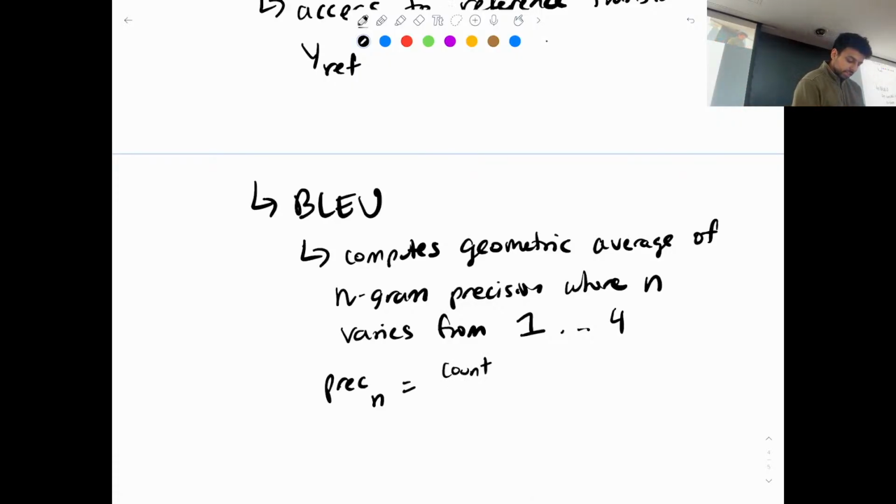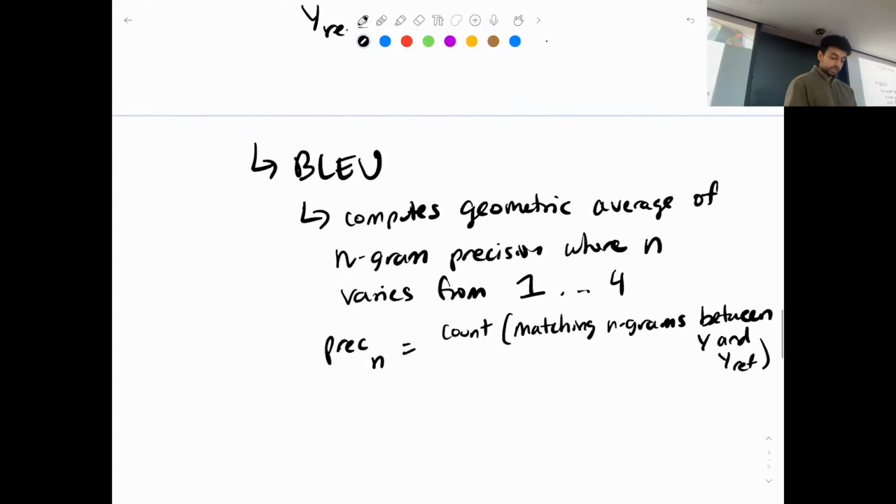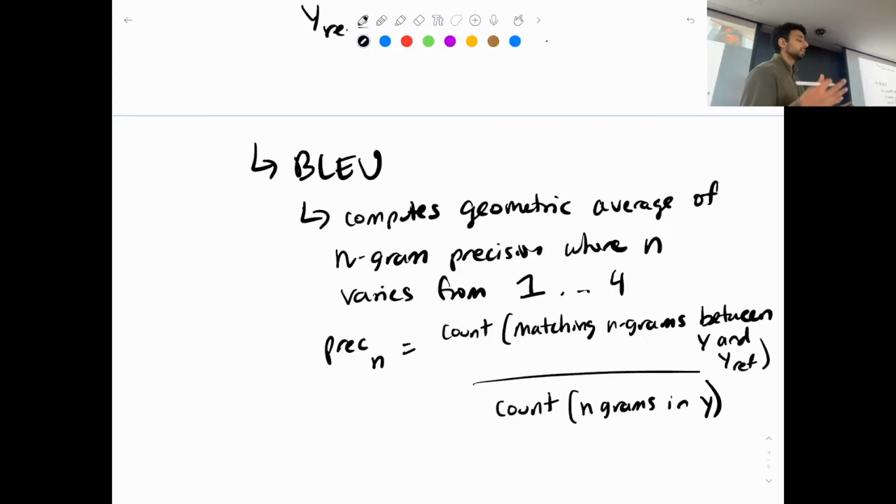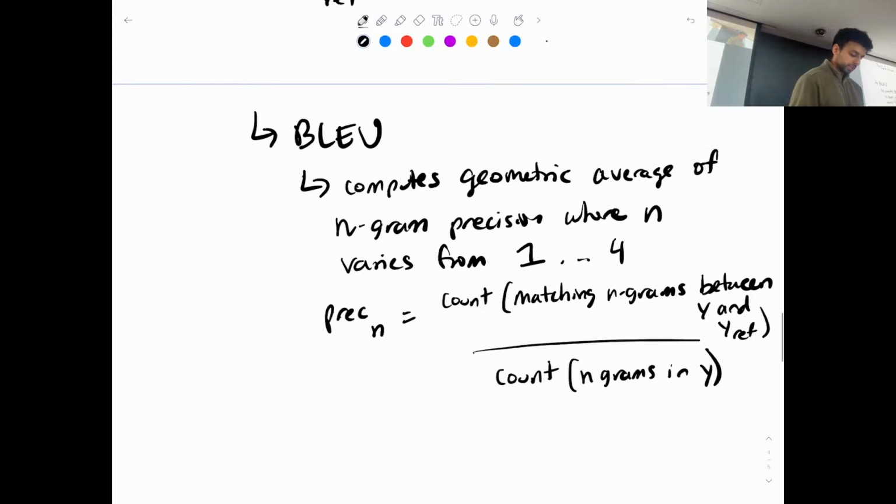You count up the number of matching n-grams between y and yref. yref here is our reference translation that a human has written, and you divide that by the count of n-grams in y, which is our candidate translation that the model has produced.